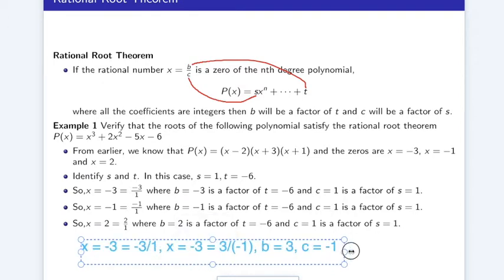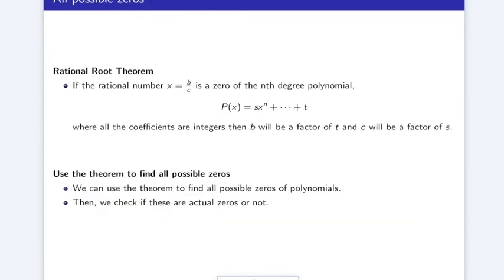Although b and c are a little different in terms of sign, b can still divide the constant term, which is -6, and c can divide the leading coefficient, which in this case is 1. So now we have seen that our roots all satisfy the rational root theorem.